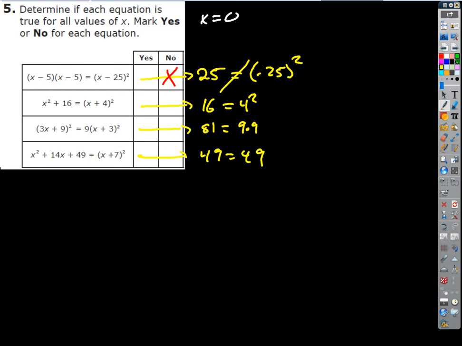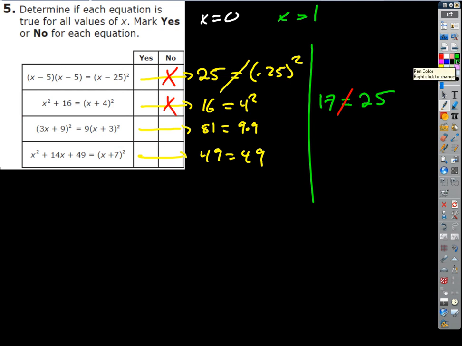So now if we pick x equals 1, let's see what happens. That one we already know is out. This one's going to give us 1 plus 16 is 17 equals 1 plus 4 is 5 squared, 25. That's not true, so it's out. How about here?